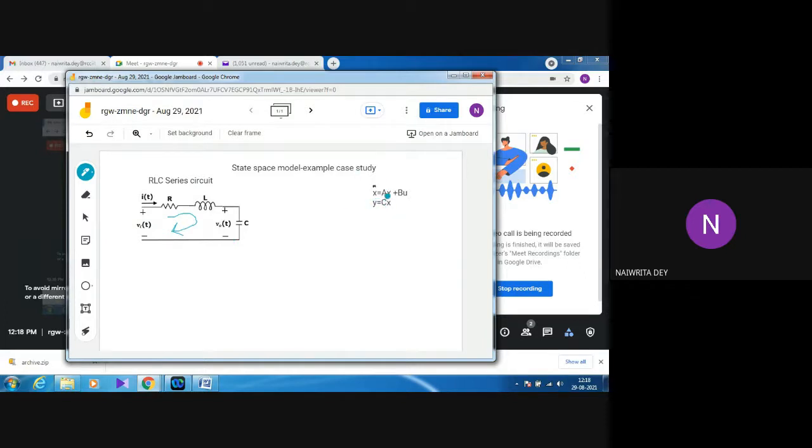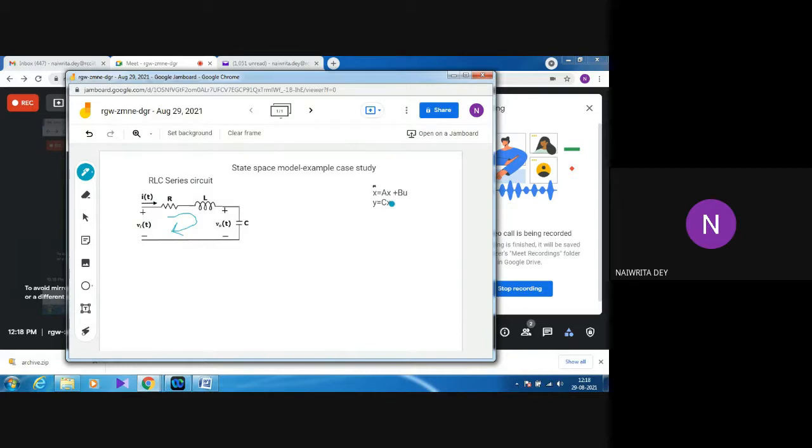That means this coefficient matrix A is a square matrix having order n cross n in case of an nth order system, because that is the general criteria. So we cannot take any lesser number of state variables than the order of the system.